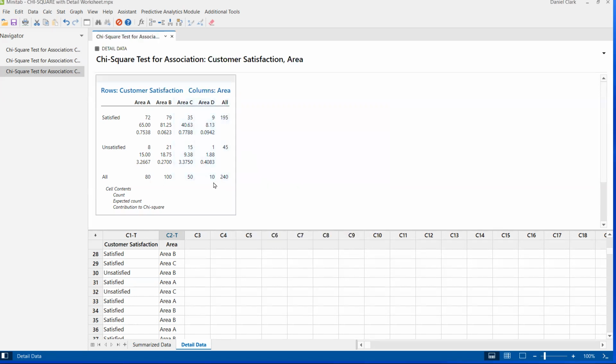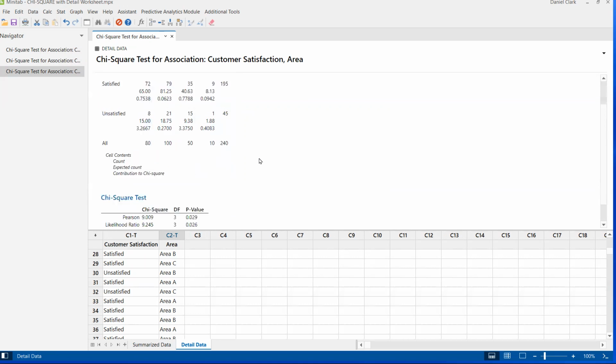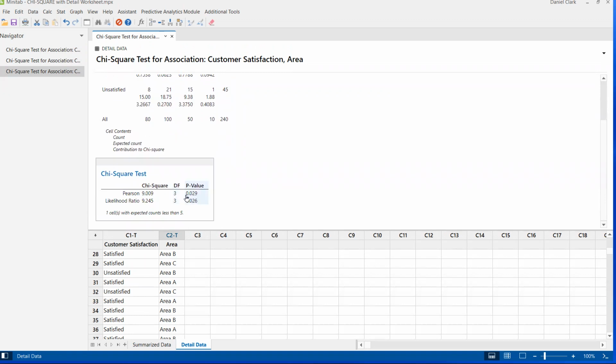And I have exactly the same results as I did before. You can see my observed counts, my expected counts, and then each cell's contribution to the chi-squared statistic. And then down here, the Pearson chi-square test p-value. That's the one we use, the Pearson value, not the likelihood ratio.